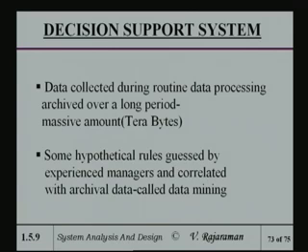And previously all that so-called archival data was just kept for legal purposes. That means over a period of time auditors may come and check what happened to the company, and they may like to look at the archival data.